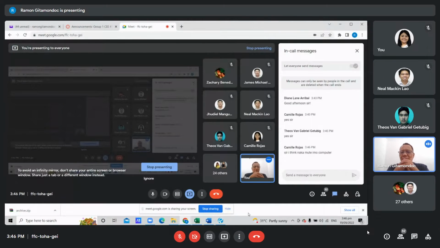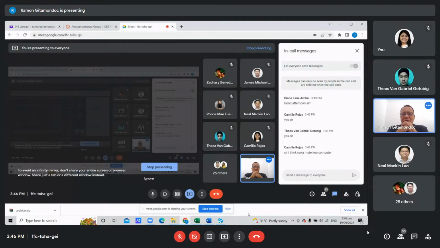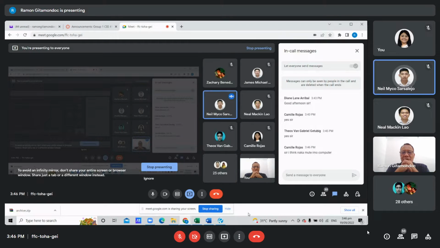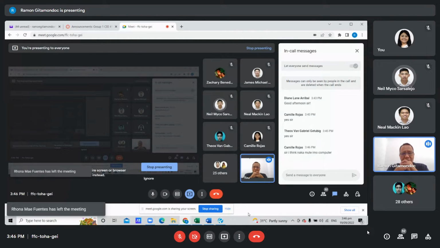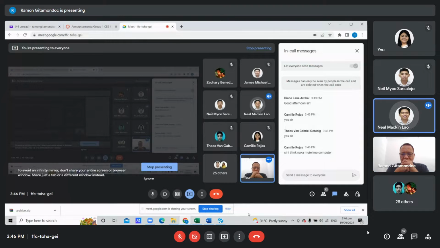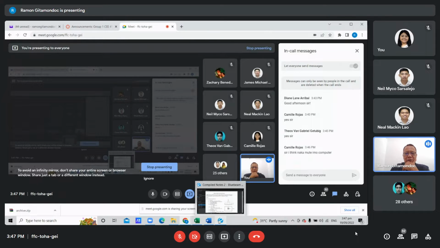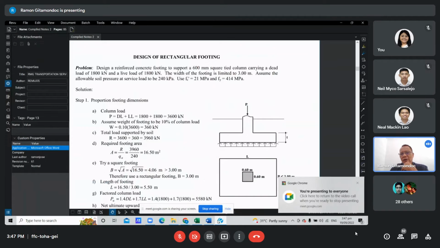So nahuman na mo tag-discuss sa first topic, no? Katong square footing. So karon nga meeting ang atong i-discuss kining design sa rectangular footing, no?